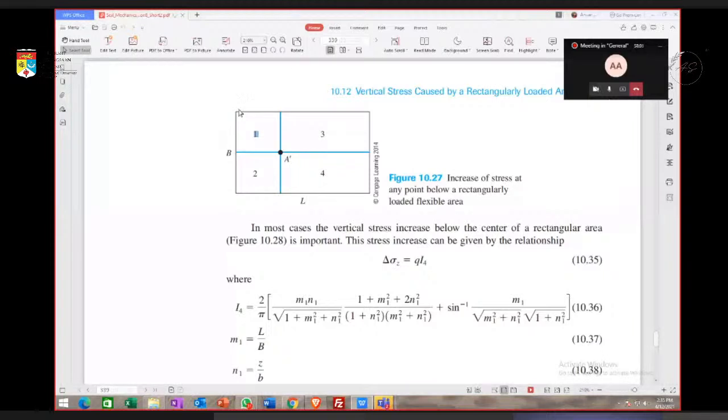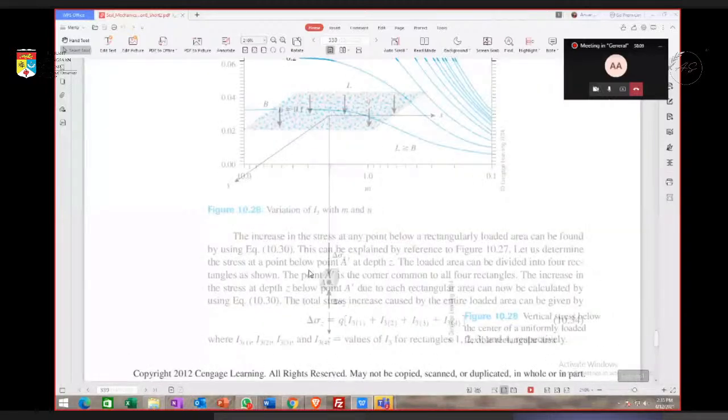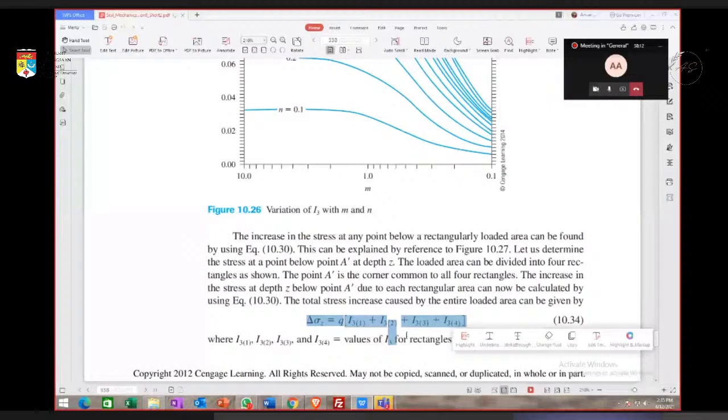So we need to add the I3 for area 1, area 2, area 3, and area 4.